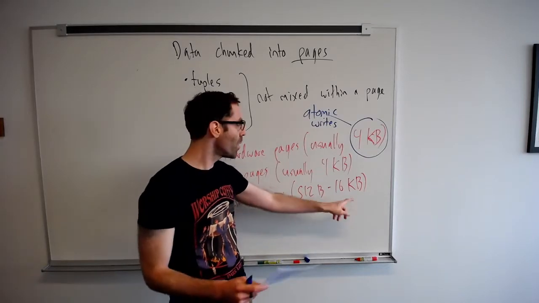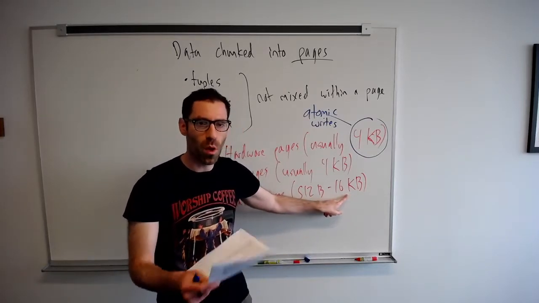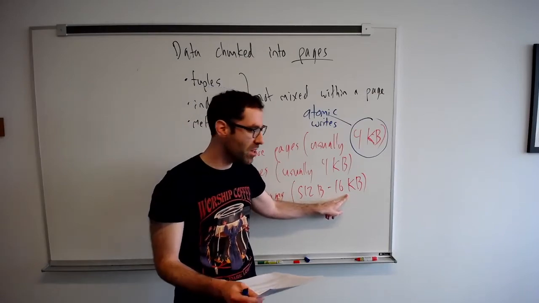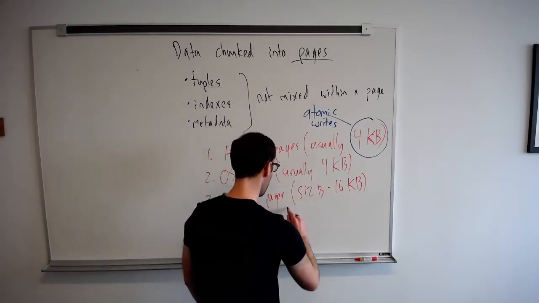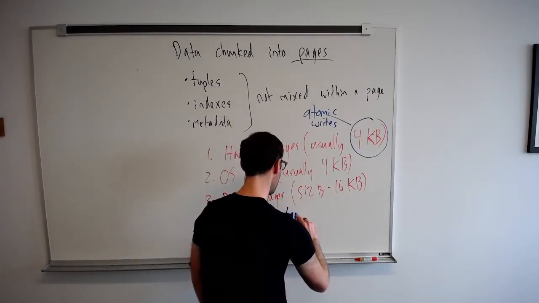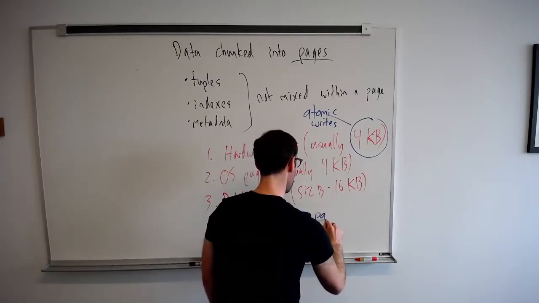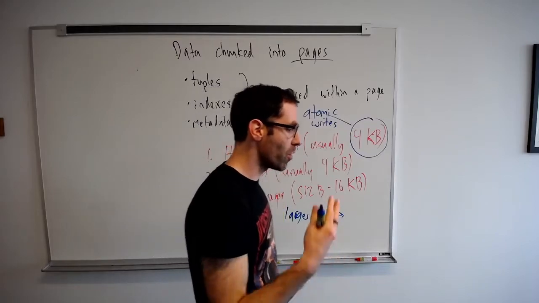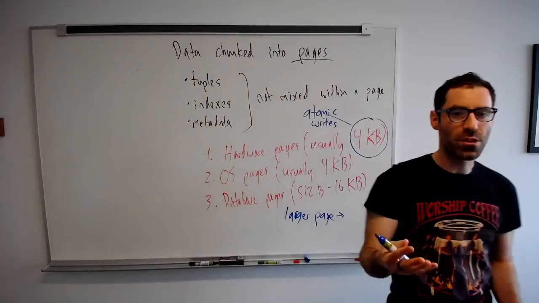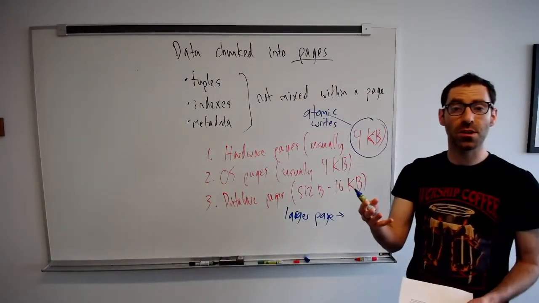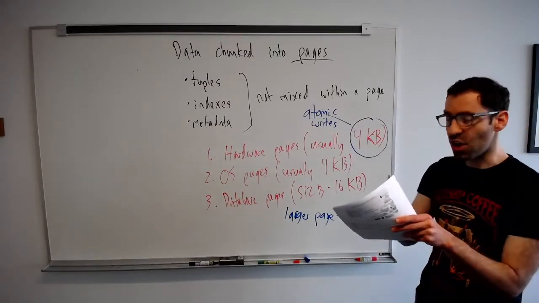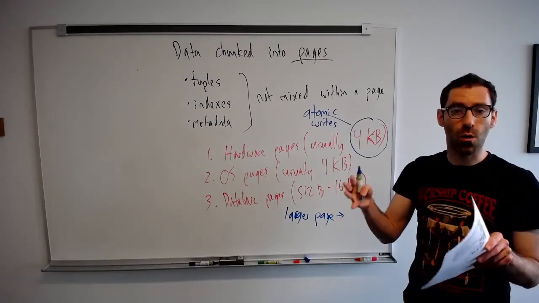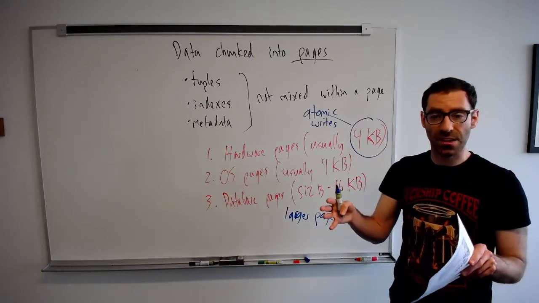And you may ask, well, why would a database want to have this larger page size then? Well, if we have a larger page, we get more efficient reads, because you may remember from talking about the storage hierarchy that sequential reads on disk are where they perform the best.